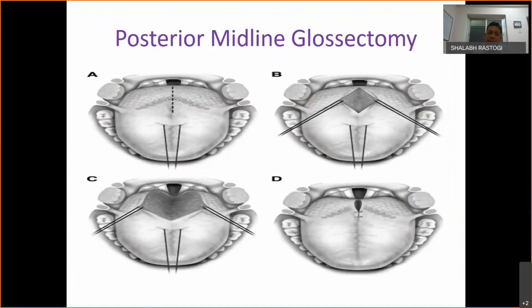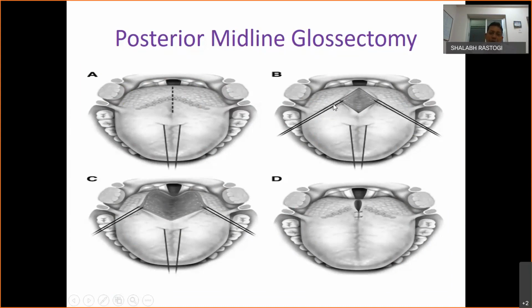Similarly, the tongue base can also be reduced if we take out the rhomboid portion from the midline. We know that the lingual nerve, the hypoglossal nerve and the lingual artery are in the periphery of the tongue, and the midline is basically free from any neurovascular bundle.